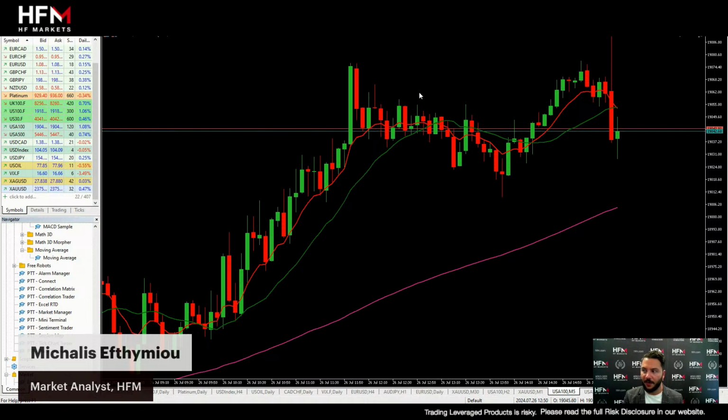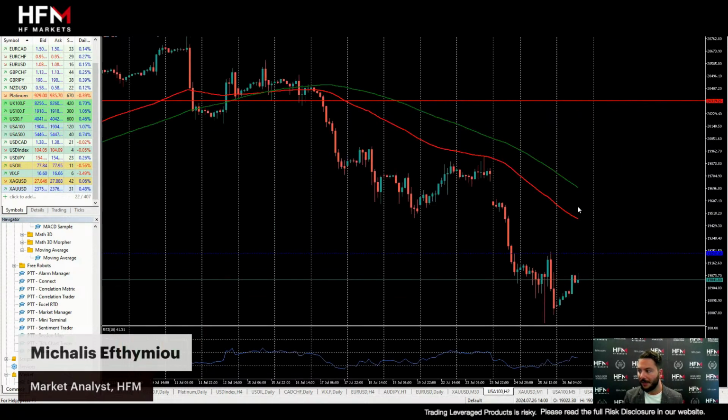Now, if we're looking at the 5-minute time frame, we can see so far upward momentum is key. So there is a scenario here, ladies and gentlemen. If we go back to the 2-hour, there is a scenario that in the medium term, there are certain scenarios of profit taking, which is absolutely fine. This is the main resistance point.